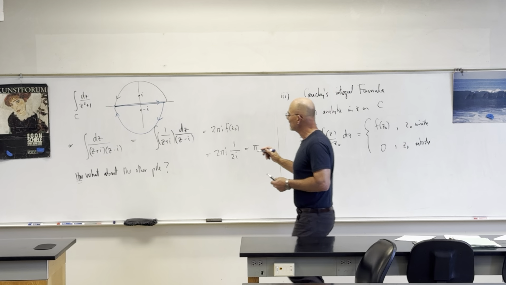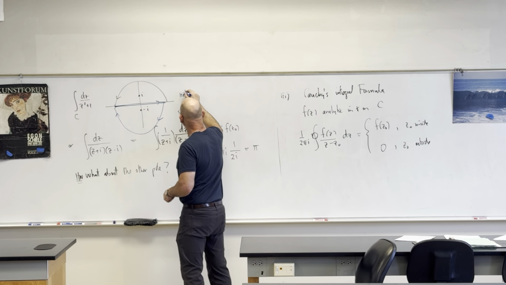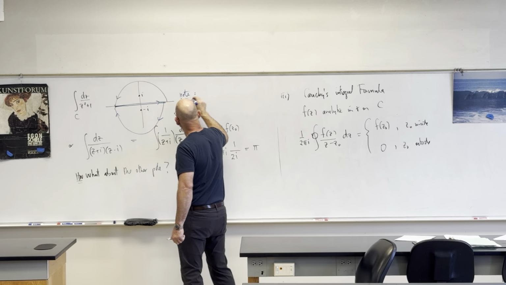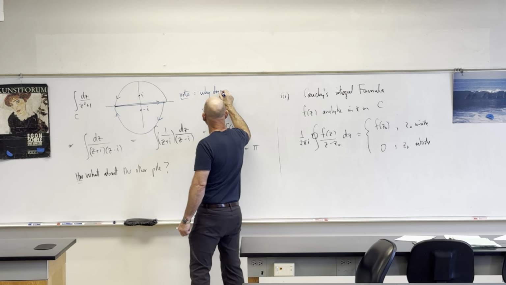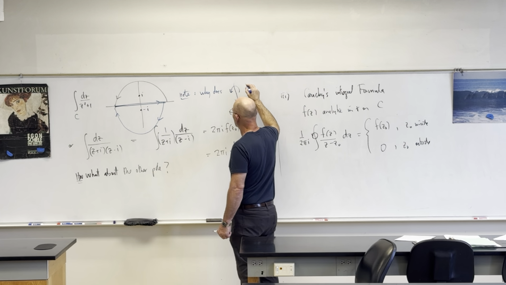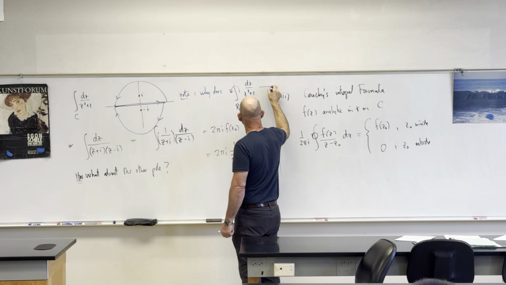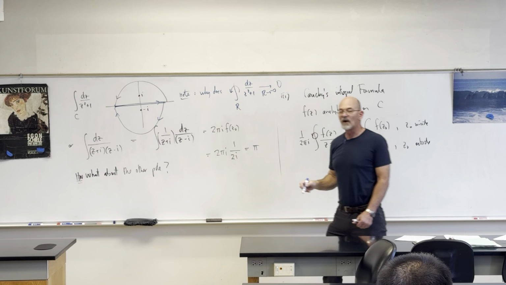I'll put one more note here. Why does the integral of dz over z squared plus 1 go to 0 as R goes to infinity? That was the Darboux inequality.